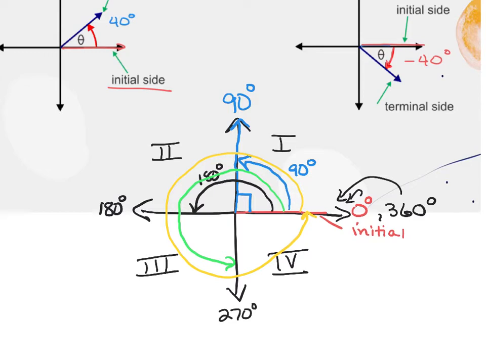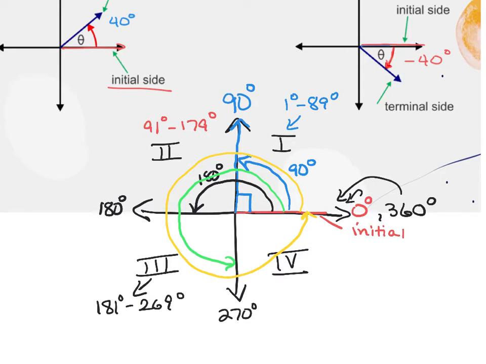Now, any angle that's in this first quadrant is going to have a measure of 1 degree up to 89 degrees. An angle in quadrant 2 would be from 91 to 179. An angle that ends up in quadrant 3 would be from 181 to 269.